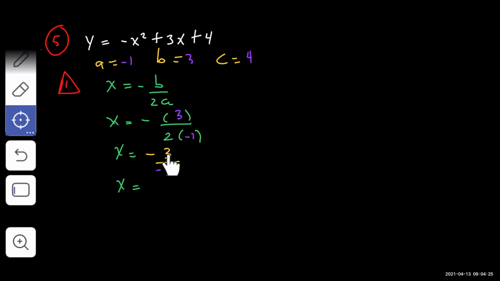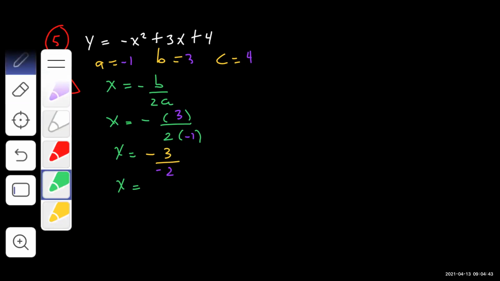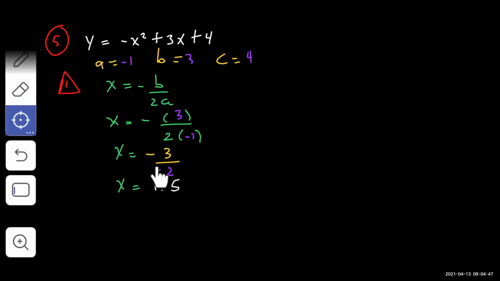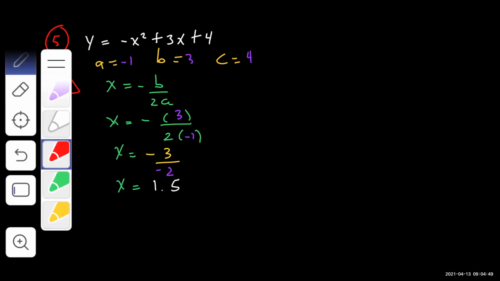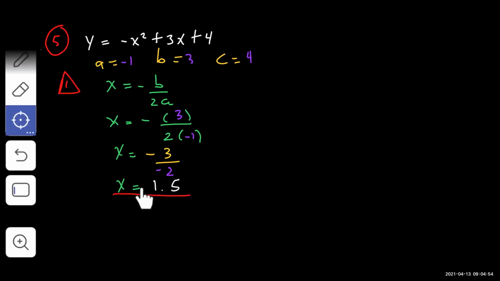Negative over negative, this result is going to be positive. And 3 divided by 2, can I simplify it? No, but we are going to write the decimal form. What is 3 divided by 2? 1.5. It's positive since we got a double negative. Let's underline this. That is the first step. This is the vertex, the axis of symmetry, x equals 1.5.